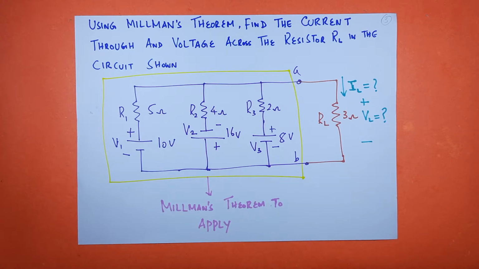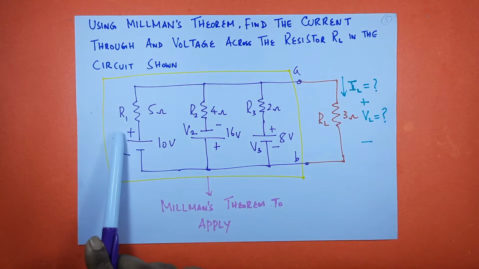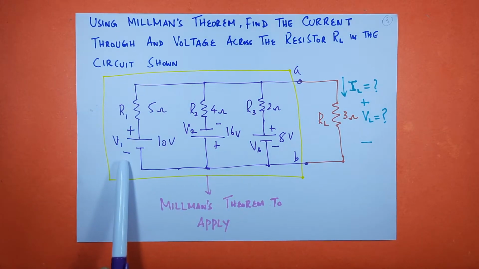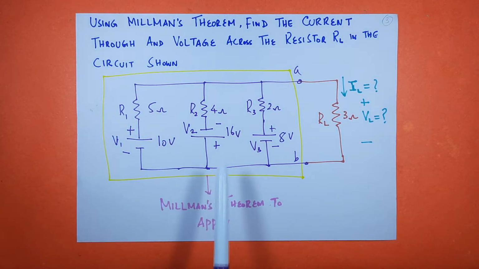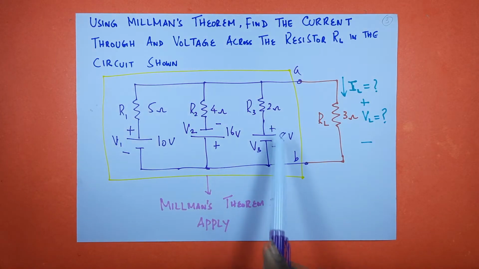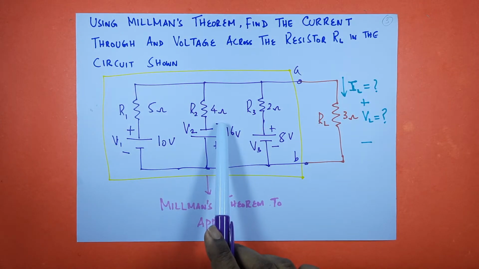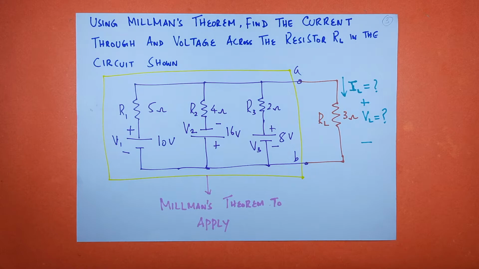in this box. But here the polarity is important. Say for example, V1 top is positive, bottom is negative. Similarly, V3 top is positive, bottom is negative. But V2 top is negative, bottom is positive.